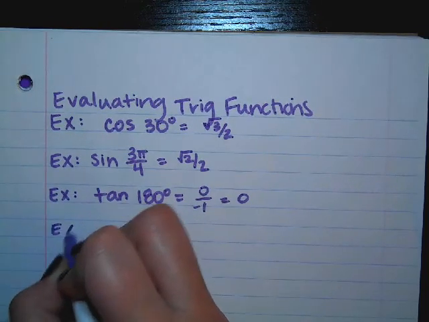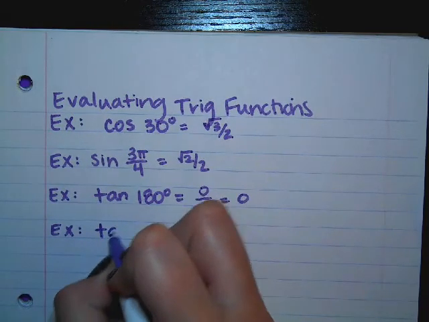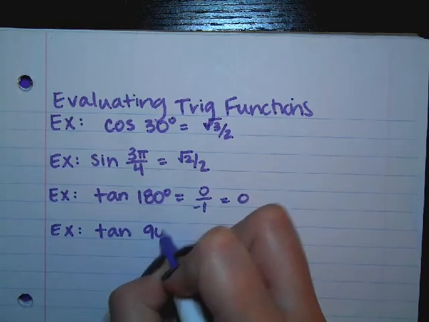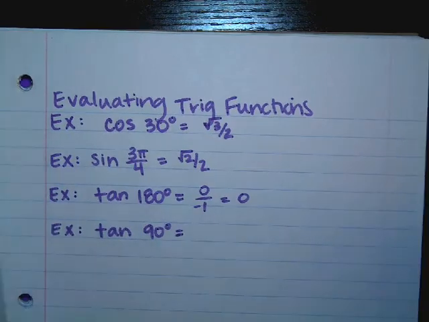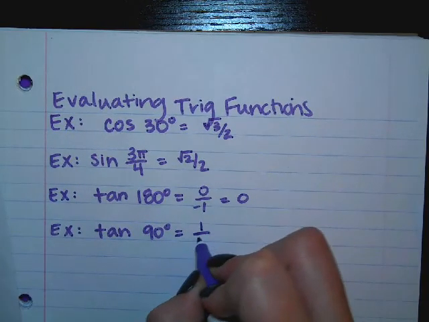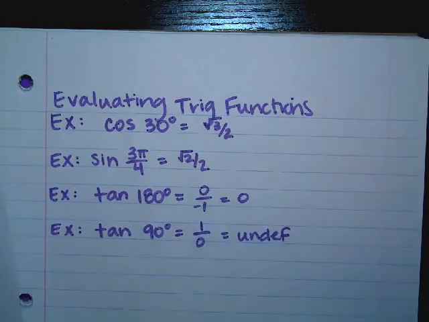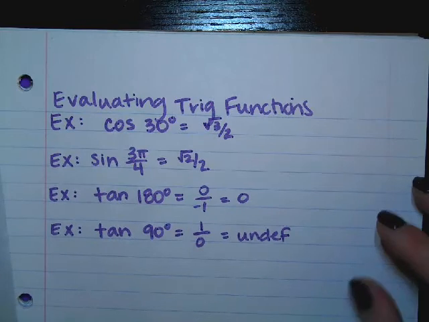What happens if you have tan of 90 degrees? Nothing happens. One divided by 0 doesn't work.